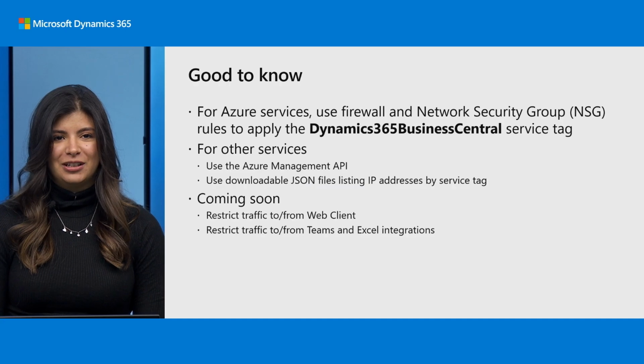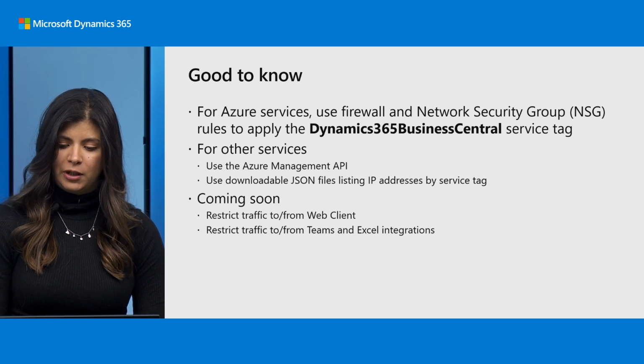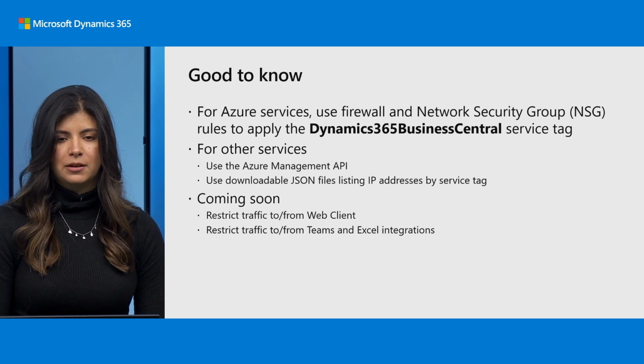Recently, we introduced the Dynamics 365 Business Central service tag, which allows administrators to restrict traffic to and from Business Central. For services that are hosted on Azure, the traffic restriction can be achieved by configuring firewall and network security group rules that directly reference the Business Central service tag.